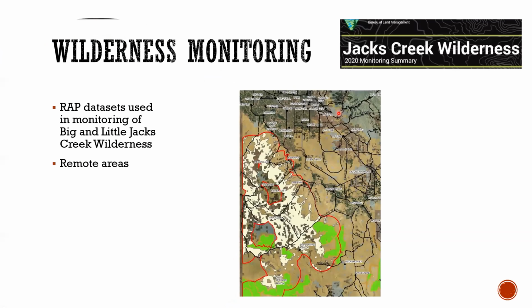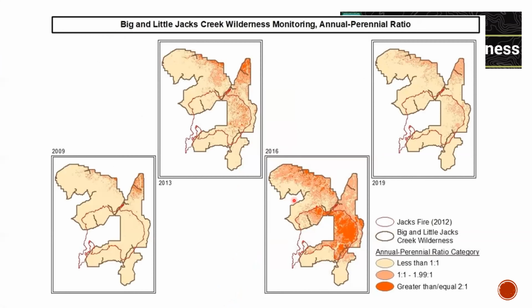And I just have one slide here on wilderness monitoring, how the BLM's using that. So this is the Bosch project area. In green here are these wilderness areas. And in these super remote areas, they're using the RAP data sets. I just cherry picked the best looking graphic in the report. There was a ton of data in there, all based on RAP data sets.